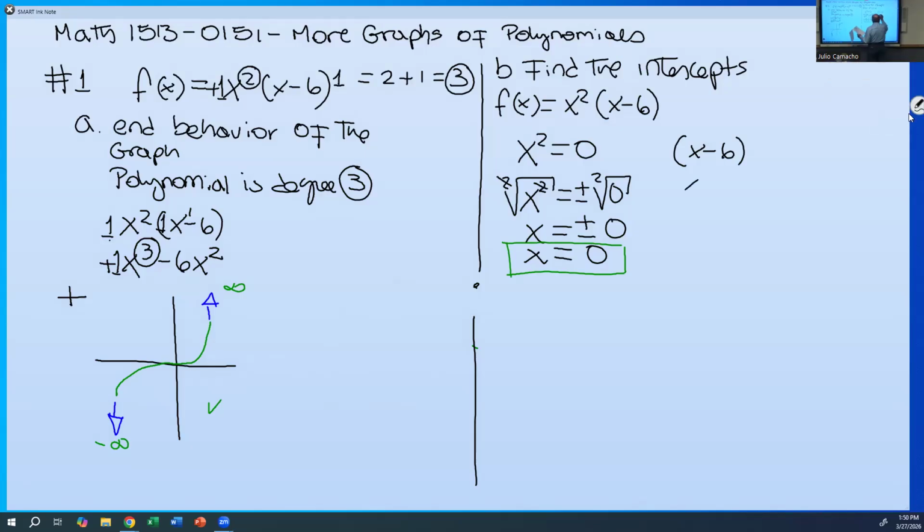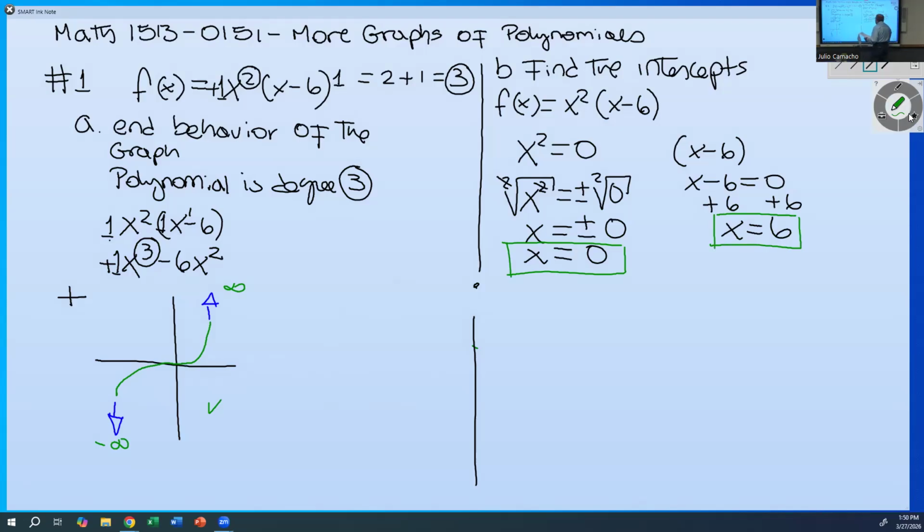So x minus 6 is equal to 0. We add 6 to both sides, and we end up with x equal to 6. So that is my second value for x.